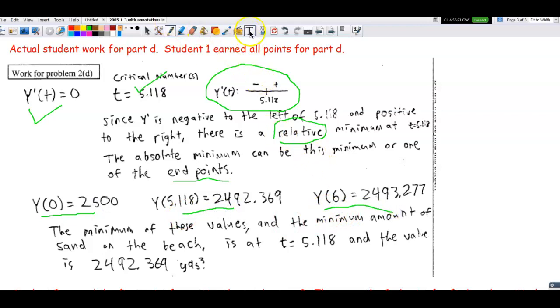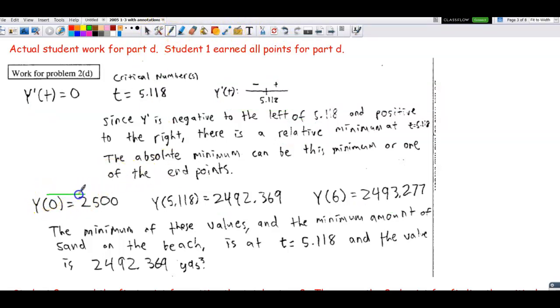Now, if the student, so let's erase some of this, if the student had in their discussion, let's say that you did not want to use the integral, because you really don't have to, where the student said since y prime is negative from 0 to 5.118, therefore the amount of sand on the beach is increasing, and the amount of sand at 5.118 is greater than the amount of sand at 0, they have ruled out the first endpoint in a discussion, in a paragraph, without actually calculating the amount of sand.